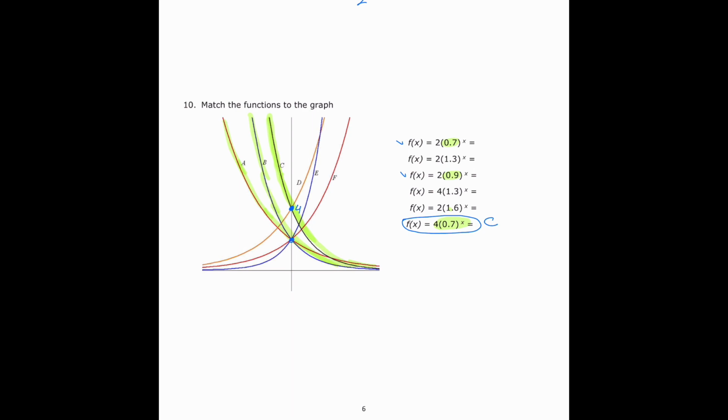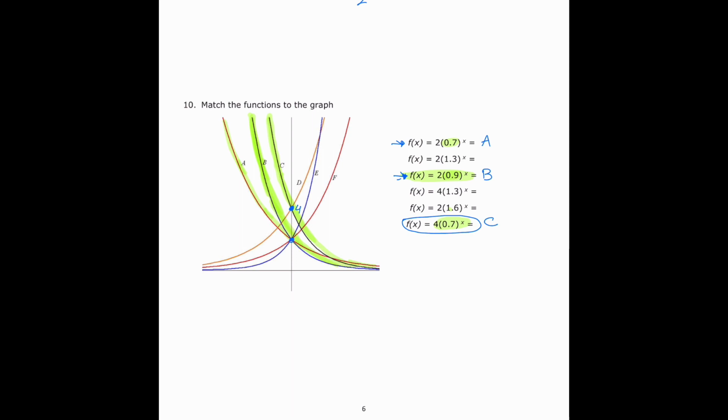So notice how this function has a bigger base than this function. So this function right here that I'm going to highlight is the one that is the closest to the y-axis, which is B in this case. That leaves me with A for the remaining one.